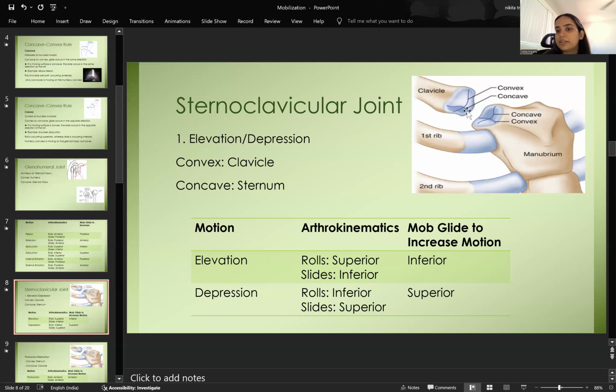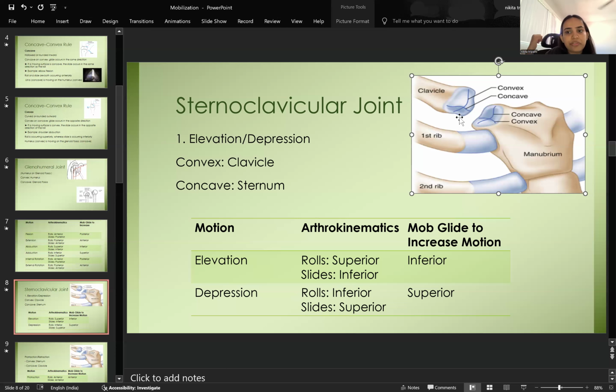You can see this is the convex part of the clavicle, and this part is moving when we do superior or inferior movement, meaning when we are doing abduction and adduction. And when we are doing protraction and retraction, the clavicle is concave, meaning the concave part is moving on the convex sternum. So just remember, with elevation and depression, the convex part of the clavicle moves on the concave sternum.